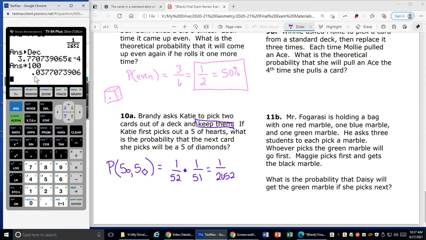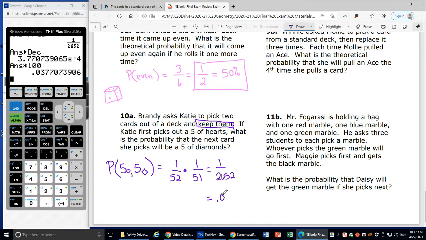Okay, so this is a very small percentage of chance because once I've multiplied by 100, this is way less than even 1% of a chance. This is a 0.04, I'm just going to go to 2 decimal places, percent chance. So even smaller than 1% that she will specifically pull those 2 5s. First the 5 of hearts, then the 5 of diamonds.